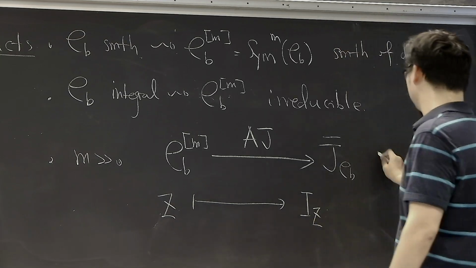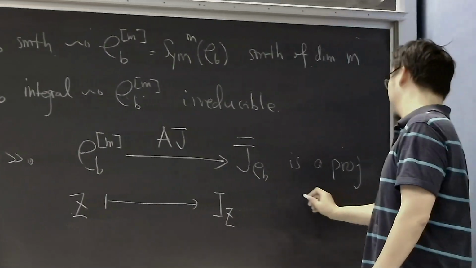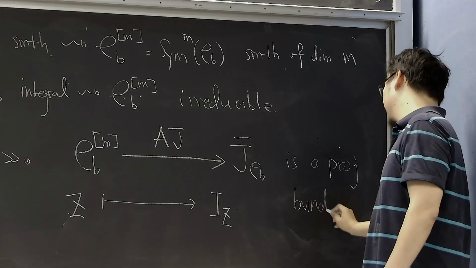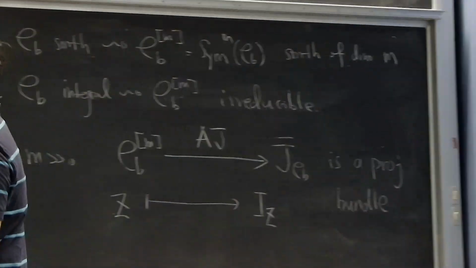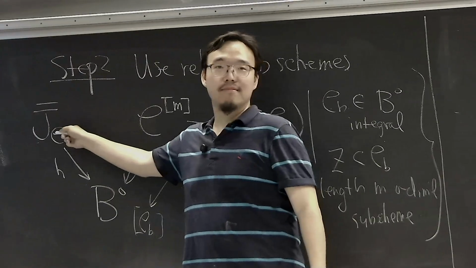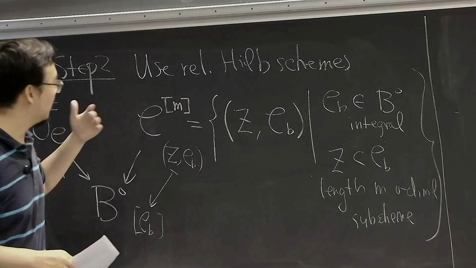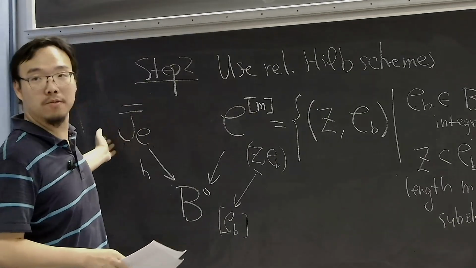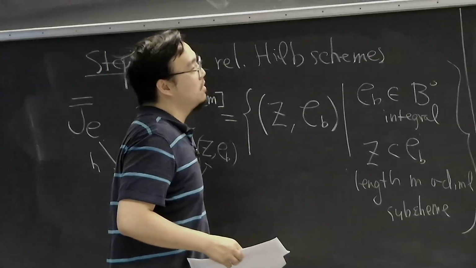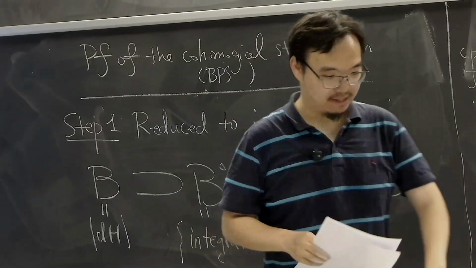And this is a projective bundle. In other words, we now trade these compactified Jacobians by Hilbert schemes, and when the number is very large, you don't get anything new. It's essentially just a projective bundle over it. The reason we still consider it is that we are interested in the small M cases.